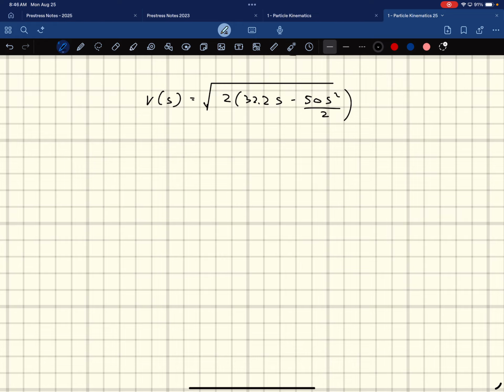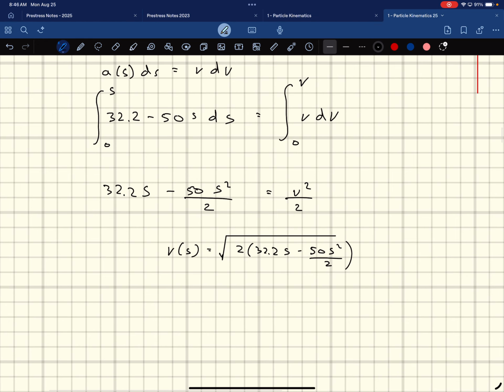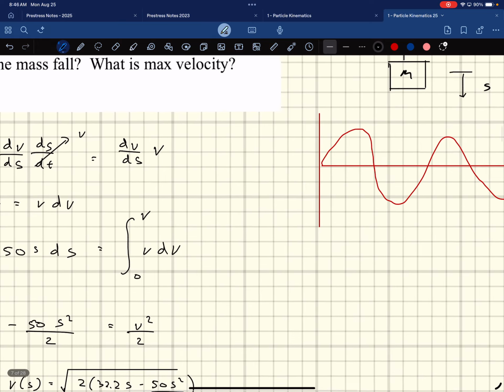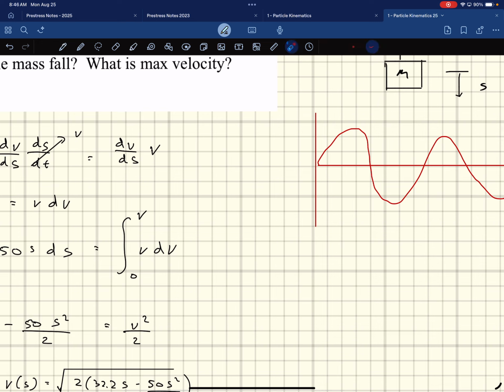Now, if I'm asking for the maximum displacement, what will the velocity be when my displacement is the max? 0, right? Because the velocity's moving this way, and then it hits, and then it's going to turn around and go the other direction. So right at this peak, it's kind of weird, we have s going down, positive down, so right at that peak, it's going to have 0 velocity.